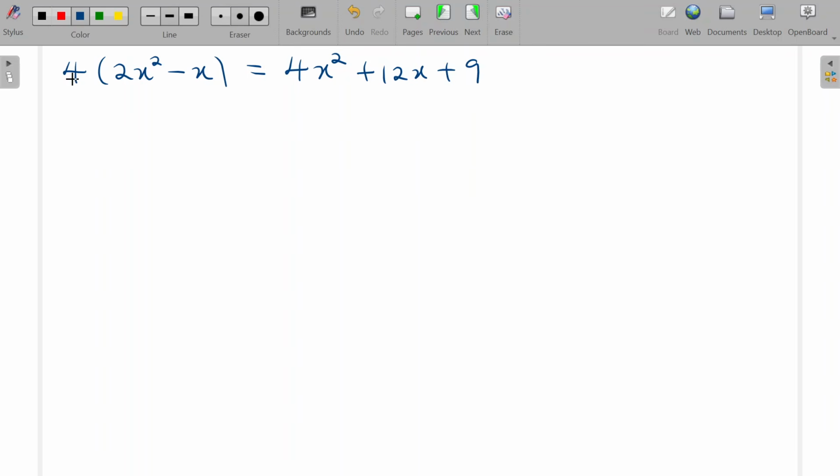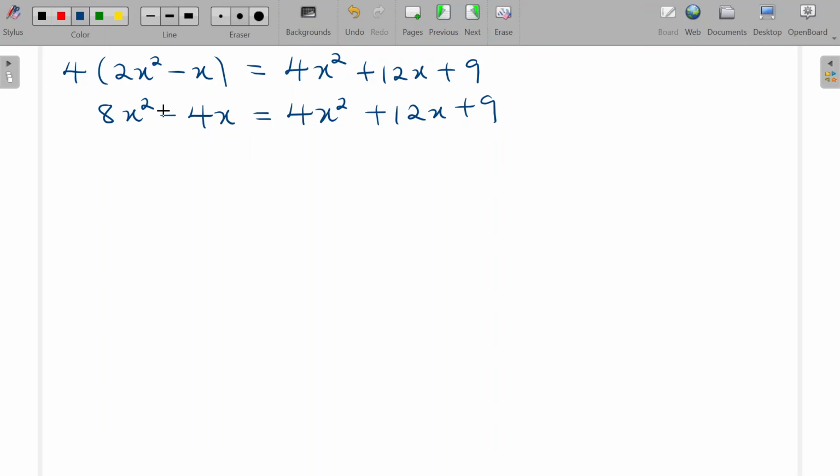Then on this side, 4 times 2x squared is 8x squared, and 4 times x is minus 4x, equivalent to 4x squared plus 12x plus 9. So now I have a normal equation.